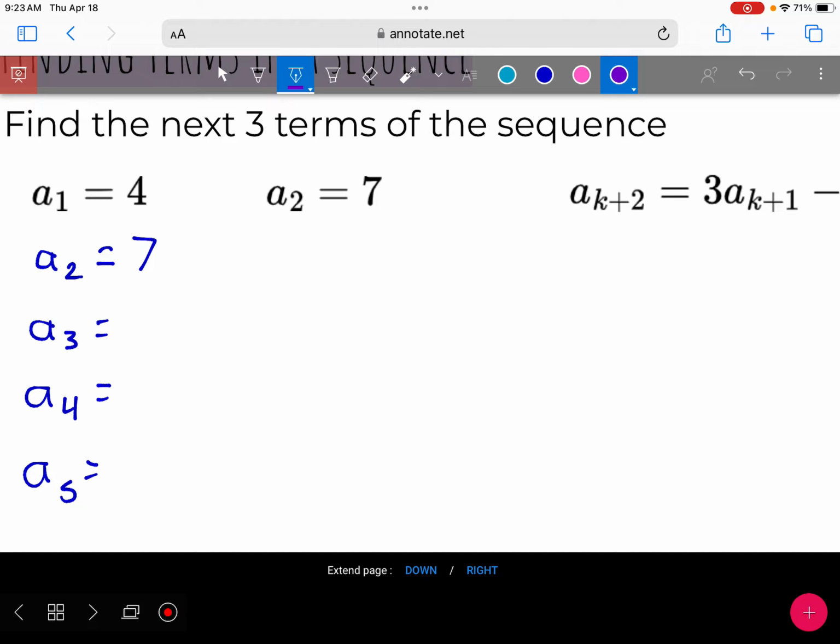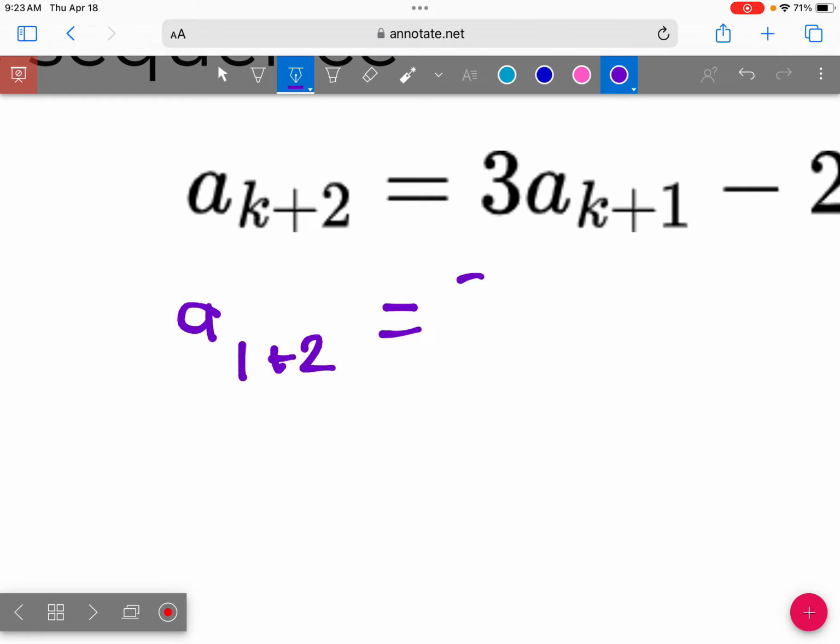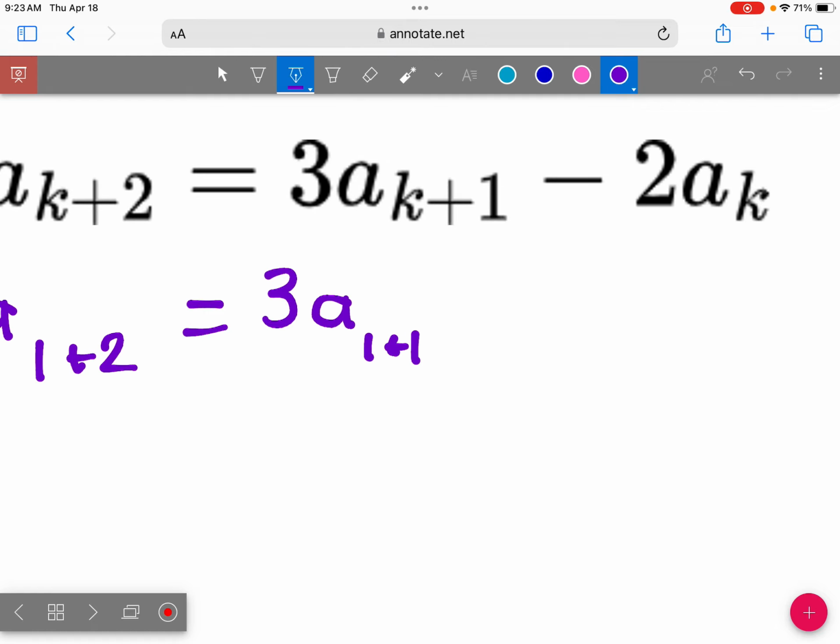So I'm going to come over here and we're going to use a sub 1 plus 2. And that's 3 times a sub 1 plus 1 minus 2 times a sub 1.